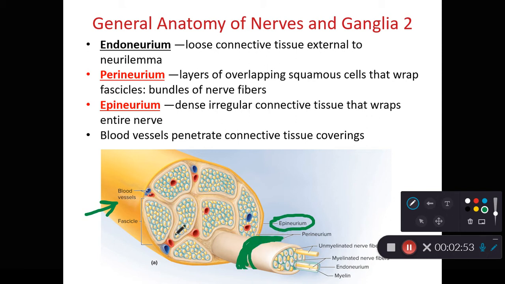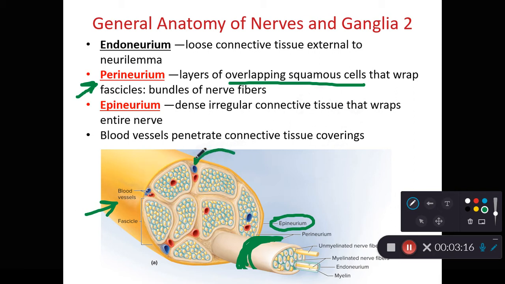Wrapping around the nerve fascicle, we have a perineurium. Perineuriums are analogous to the perimysiums of skeletal muscles. These perineuriums have overlapping squamous cells that form a membrane that helps to isolate the fascicle from the adjacent fascicles.